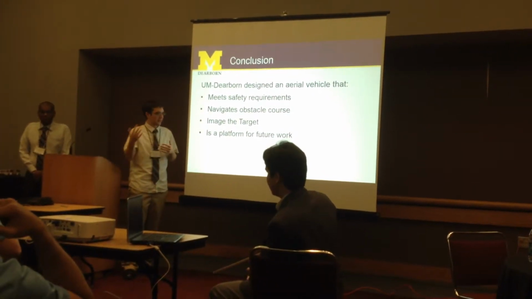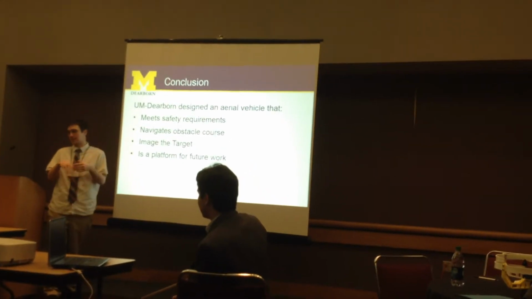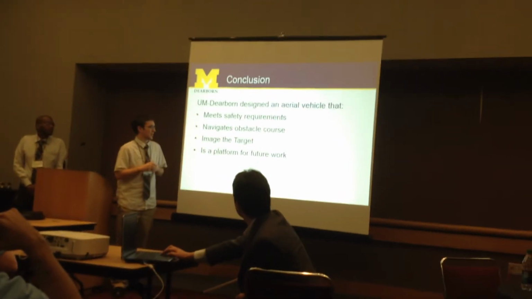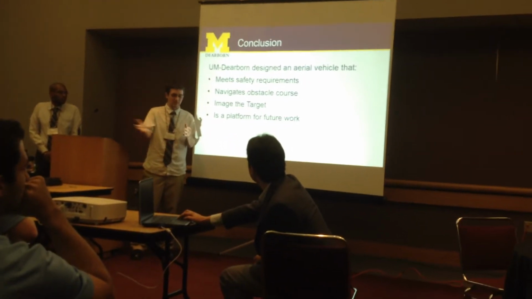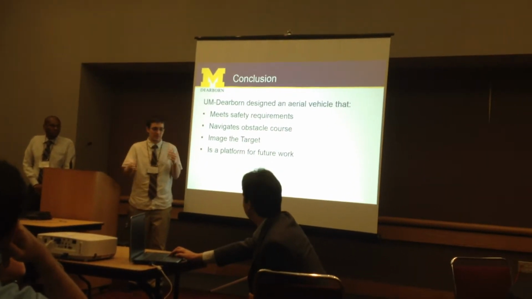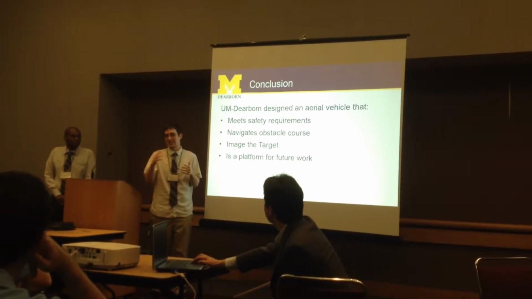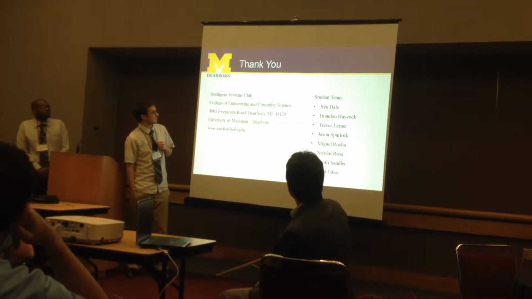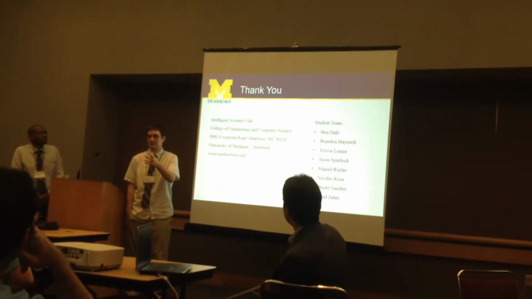Finally, we have a method for imaging the target and reporting it back to the ground station. All this together is how we're going to hopefully scale for next year and perhaps take on more advanced techniques using different sensors. So thank you. Are there any questions?